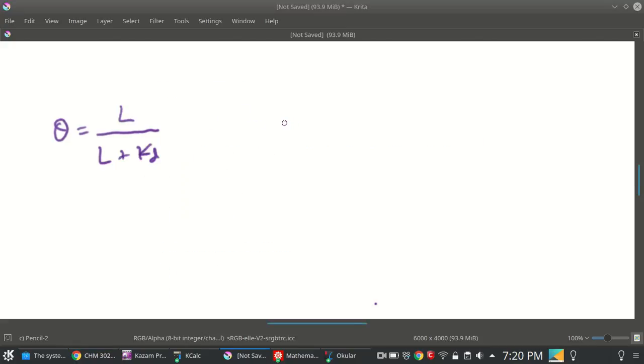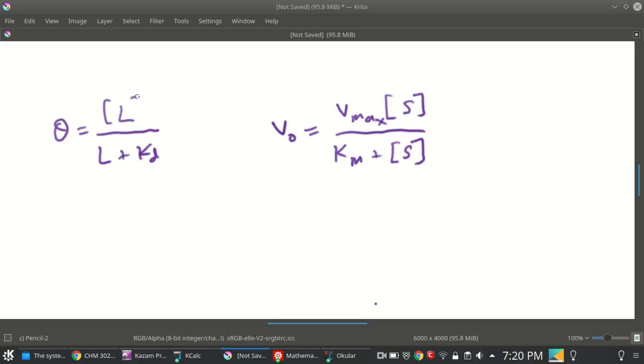Okay, so enzyme kinetics, this is our knowledge. The initial rate is equal to Vmax times the substrate concentration over the Michaelis-Menten constant plus the substrate concentration. Okay.